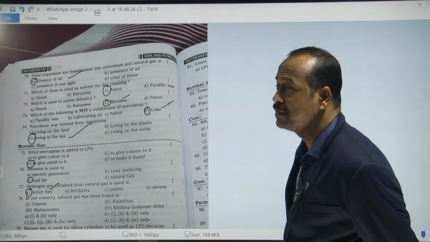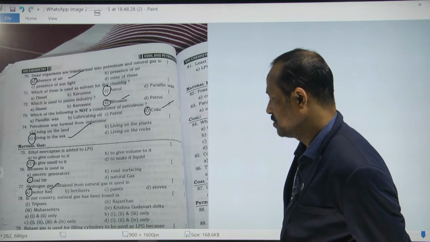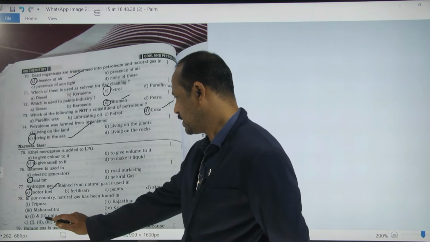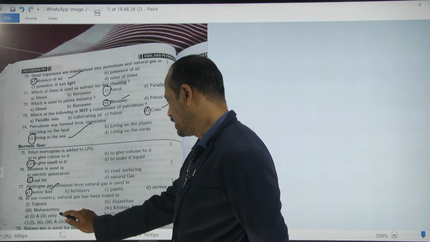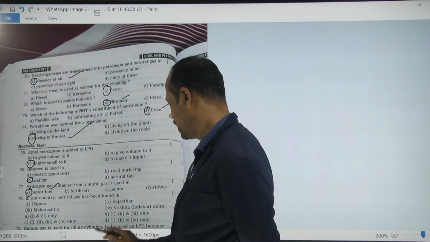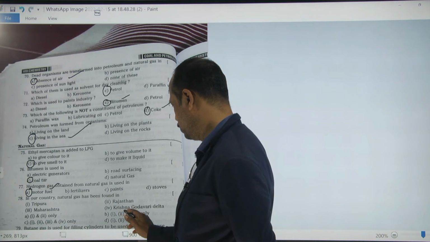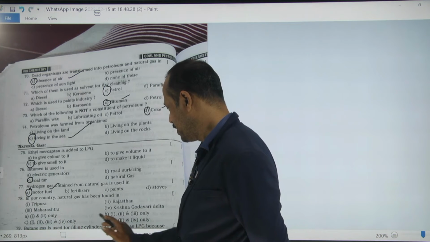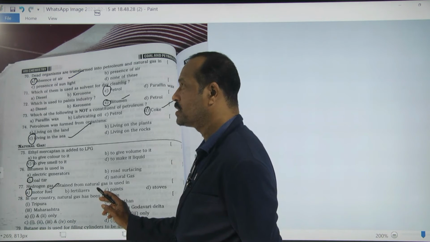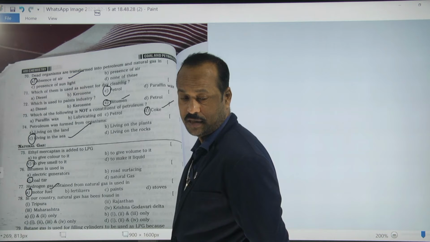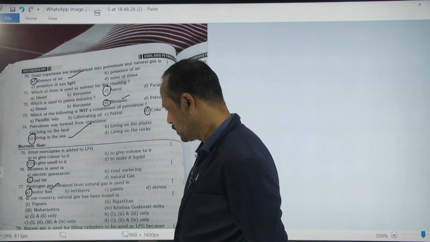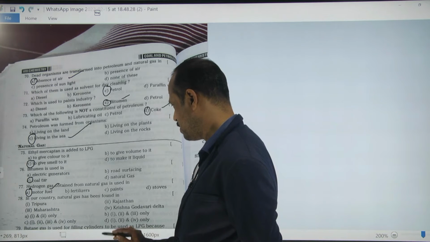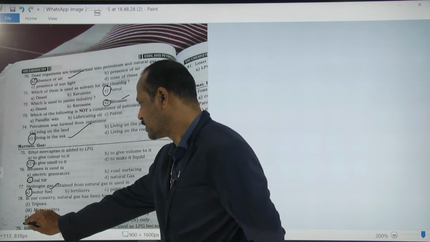In Maharashtra, yes, I think Maharashtra. See, your options are there: 1 and 2 only. No, this is wrong because in Krishna Godavari Delta also it will be there. 1, 2, 3, no. So this is also wrong. Now we have options 1, 2, 4. Did I explain to you that deposits will be there even in Maharashtra? Then the answer is C. Okay.